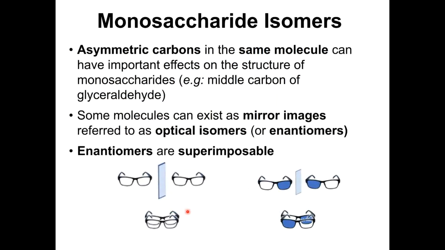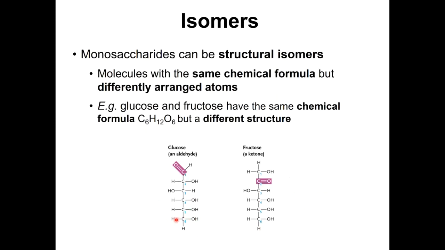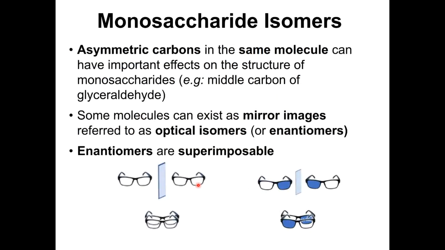These are referred to as asymmetric carbons. So these groups can be distributed slightly differently in the same molecule, forming what we call isomers or enantiomers.